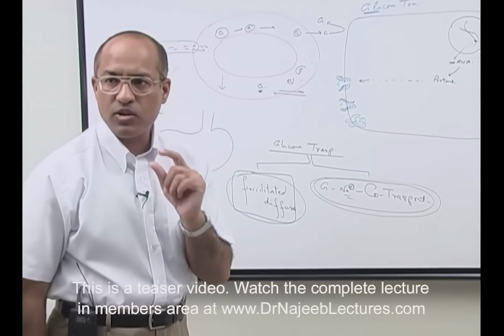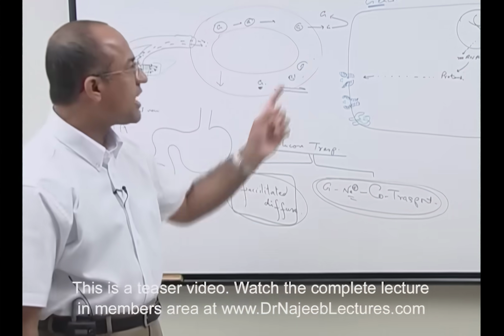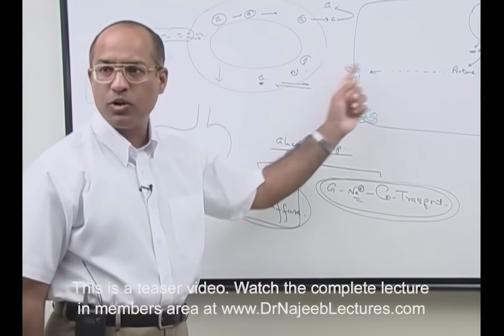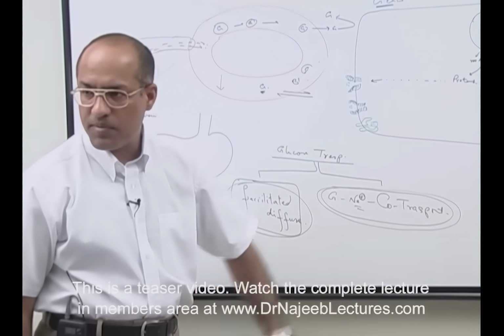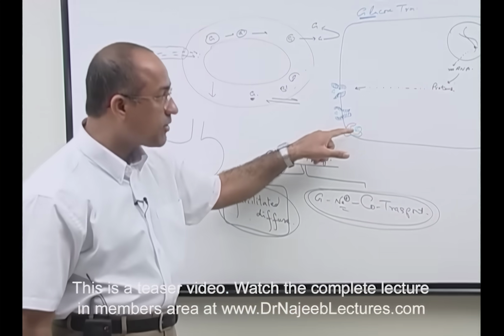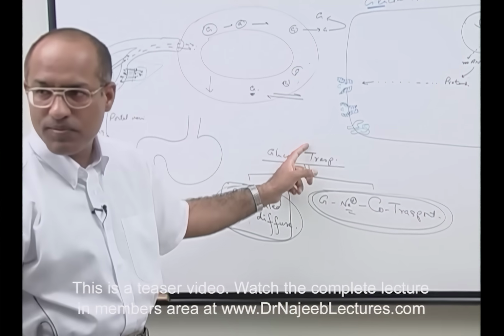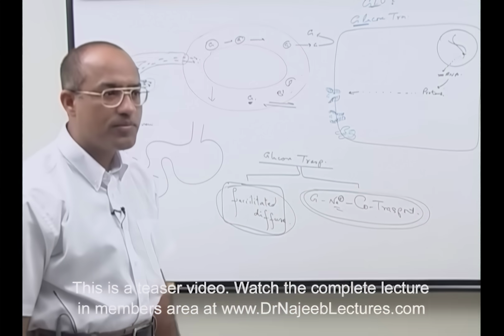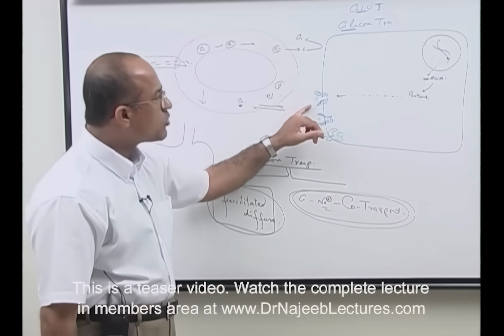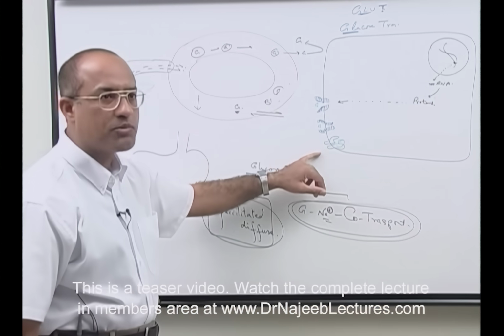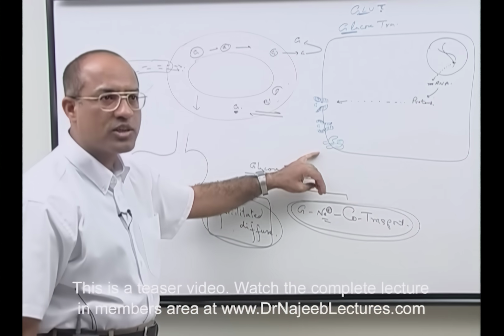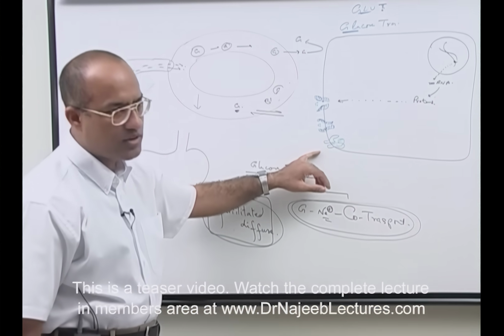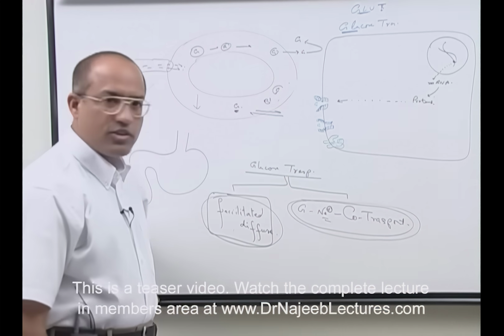Once they are expressed on the cell membrane, they bind the extracellular glucose and shift the glucose to the intracellular environment. And if glucose binds from inside, they will shift it to the outside also.